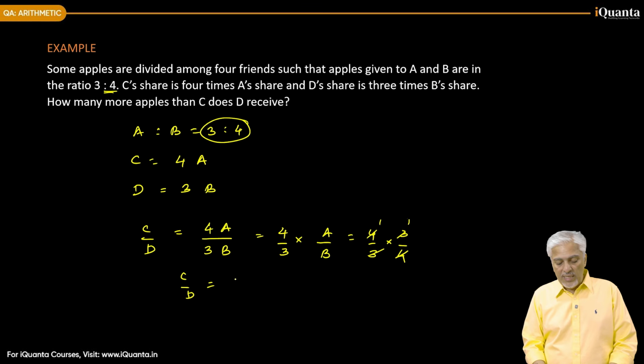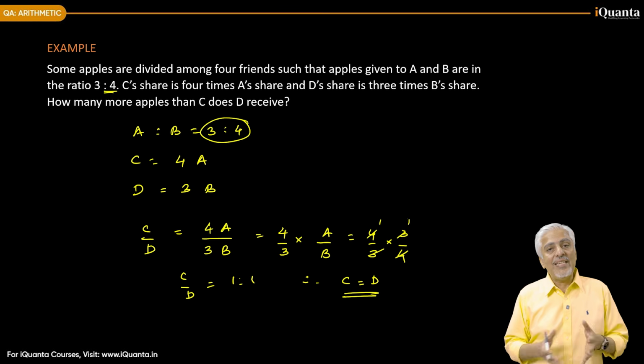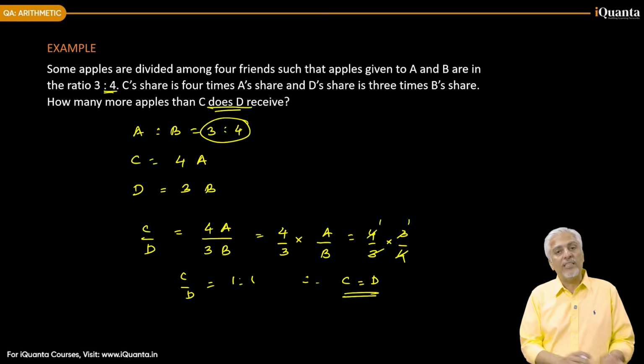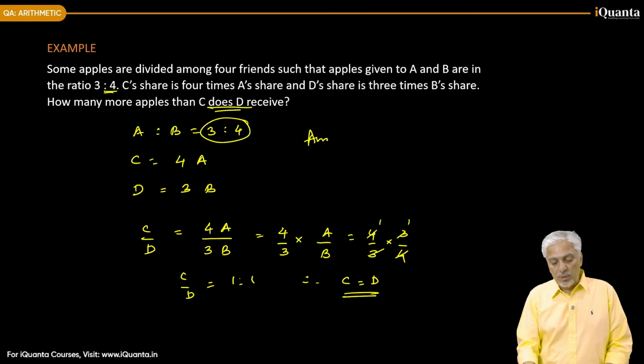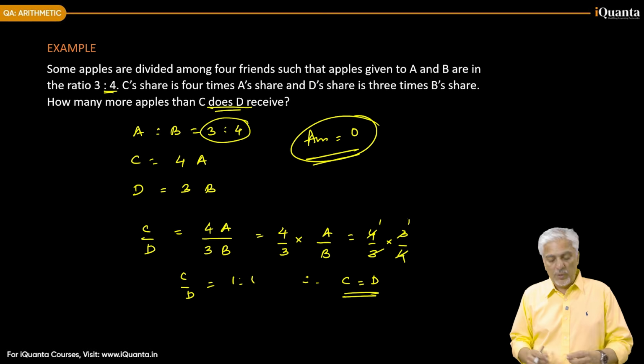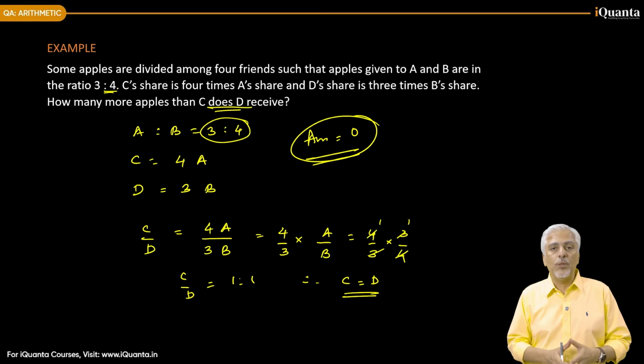So C is to D is 1:1, which will also mean C is equal to D. And when I say C is equal to D, the number of apples which D or C will receive more than each other will be 0. That means they have to receive the same number of apples. So even though the total number of apples was not given, we could still find the difference between D and C because the answer was going to be 0.